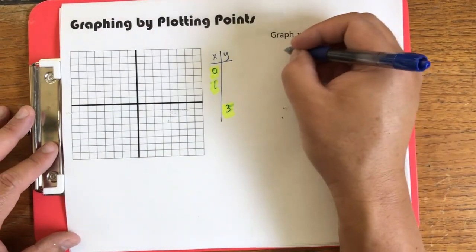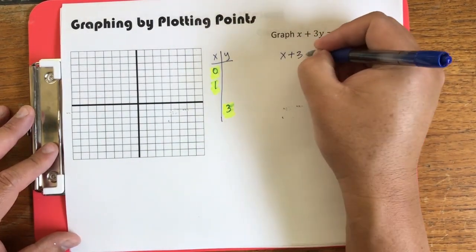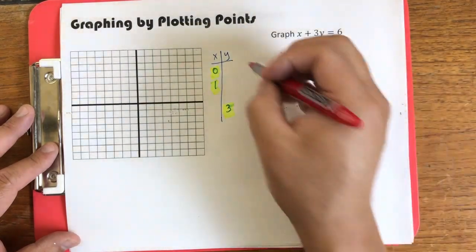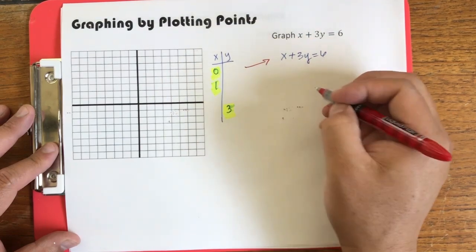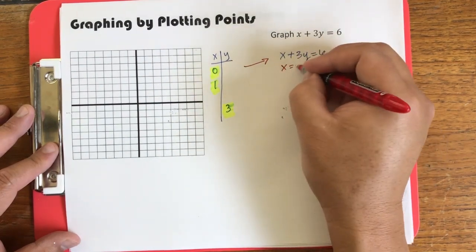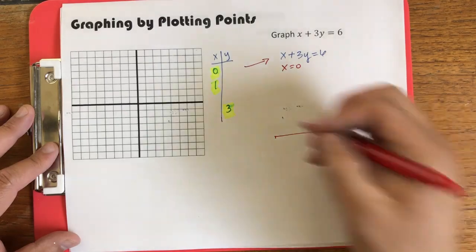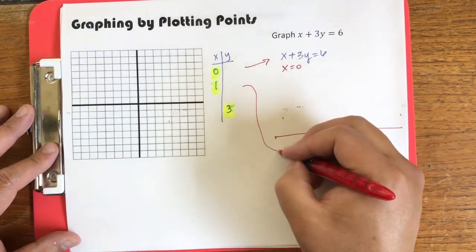The first problem is x plus 3y equal to 6, except what we're going to plug in is x equal to 0, and we're going to figure out what the value of y is. The second problem is this one right here in the middle.